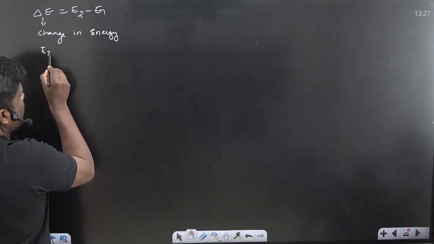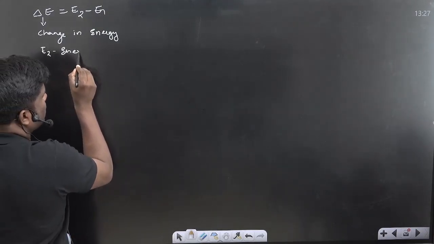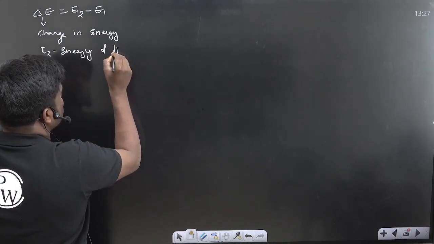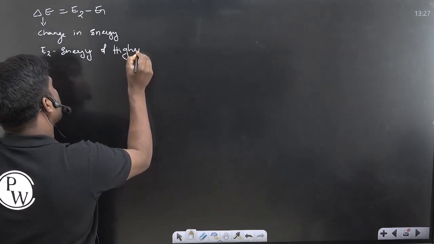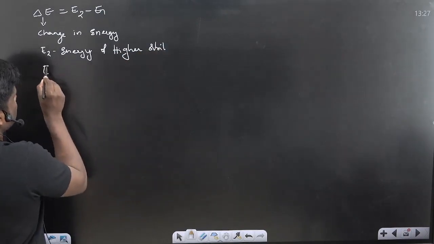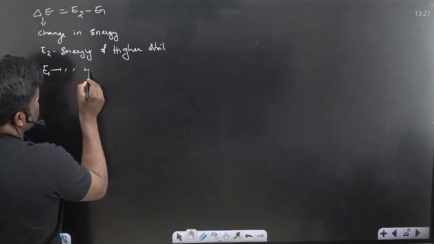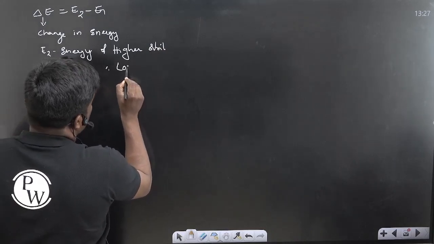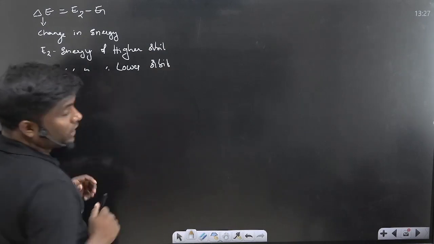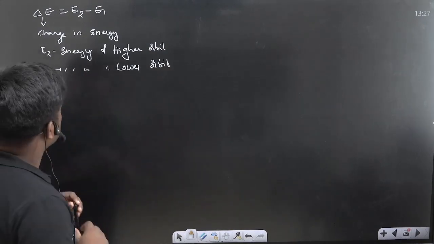E2 is the energy of the higher orbit, and E1 is the energy of the lower orbit.